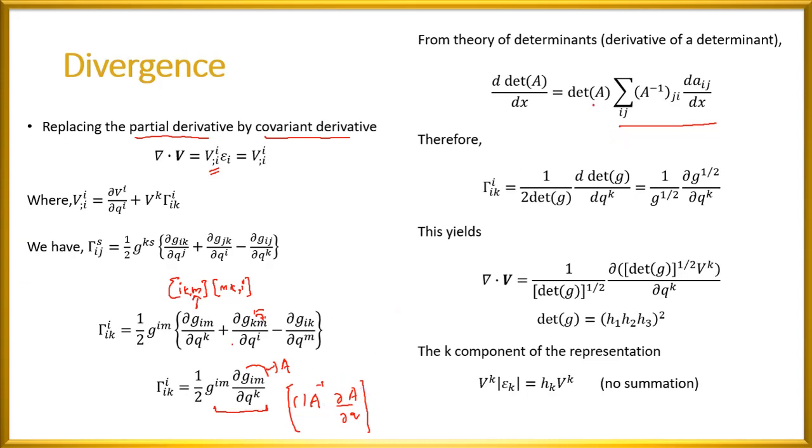So, this can be replaced with 1 by derivative of A into this term divided by, we have a scalar here, that is 1 by 2. Therefore, this Christoffel symbol gamma iki can be written in this form. And this form over here, our computation, we will get as 1 by determinant of G, where G stands for the determinant of G, half into determinant of G half raised to half, that is root over determinant of G into dou by dou qk into root over determinant of G.